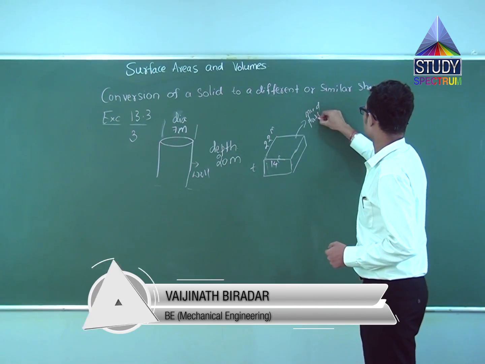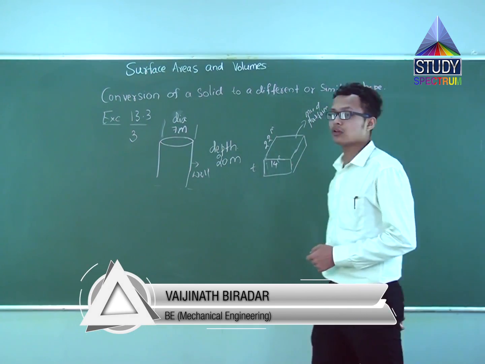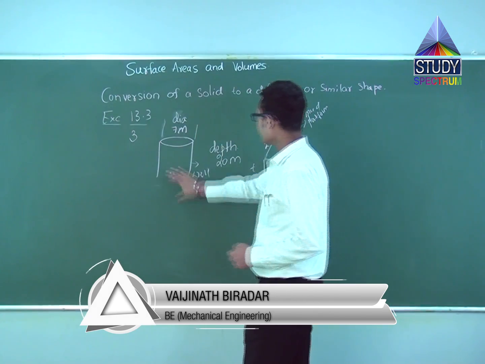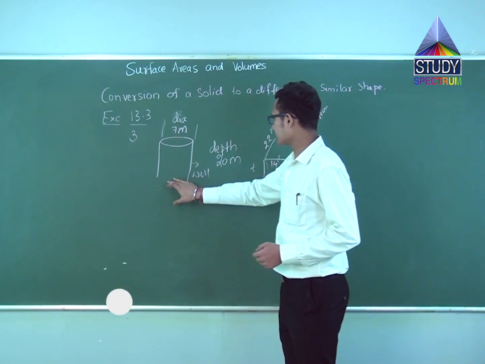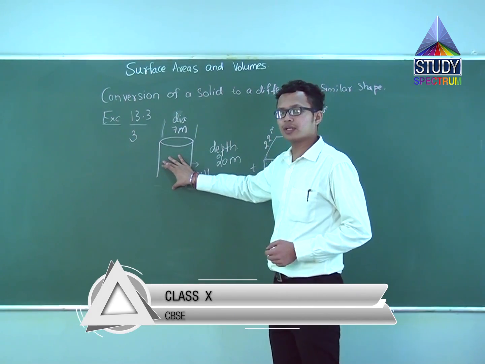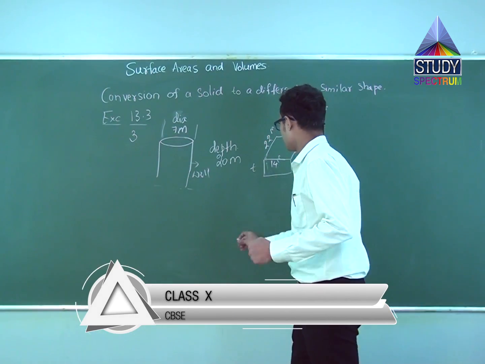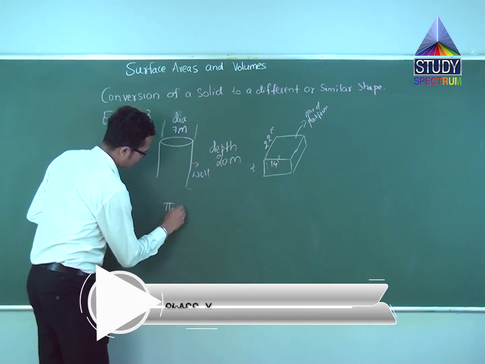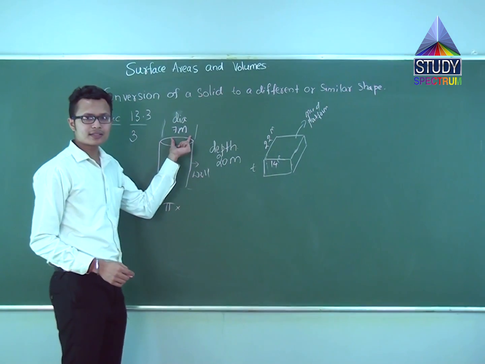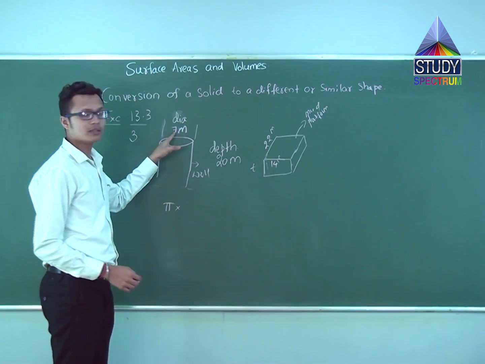Again, from the law of conservation of volume, you have volume of the cylinder equal to the volume of the cuboid. Volume of the cylinder is nothing but pi r square h. So pi into r square. R is half the diameter, that is 7 by 2.